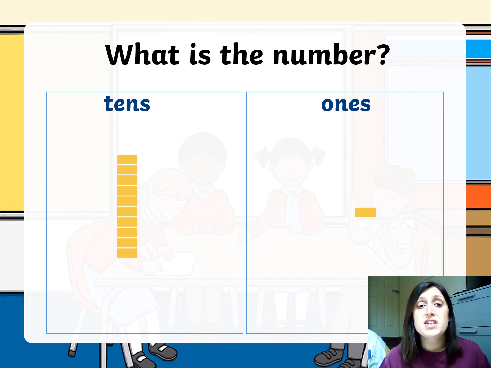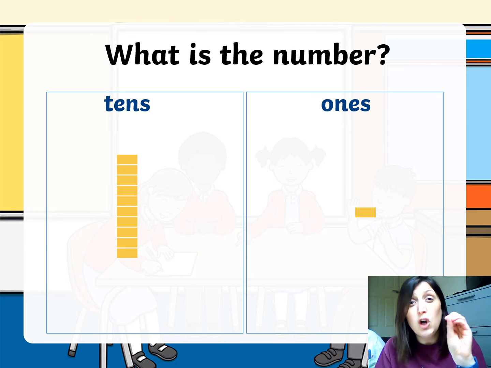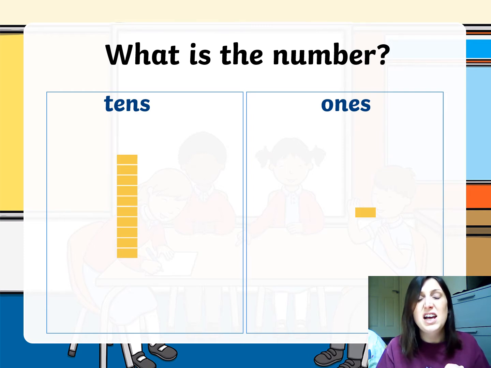So it just says, what is the number? You've got a certain amount of tens and a certain amount of ones. In that 10 stick, you could count in ones: 1, 2, 3, 4, 5, 6, 7, 8, 9, 10. But do you remember that we say at school that that can take ages?